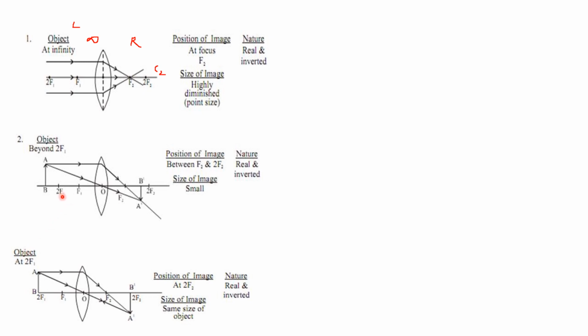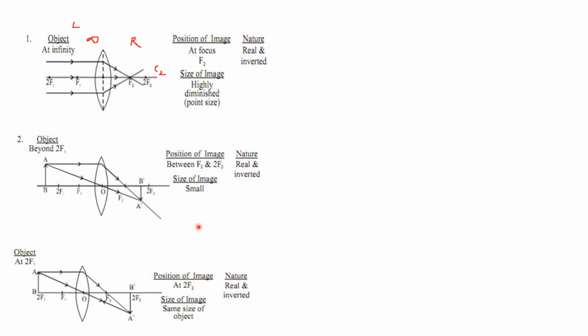Now for the object, we have to take two rays. First ray, which is parallel to the principal axis, passes through the principal focus. This is our principal focus. And the other ray goes directly through the optical center undeviated, and you have to just draw a straight line through the optical center.